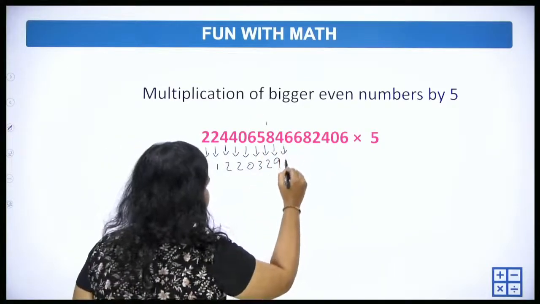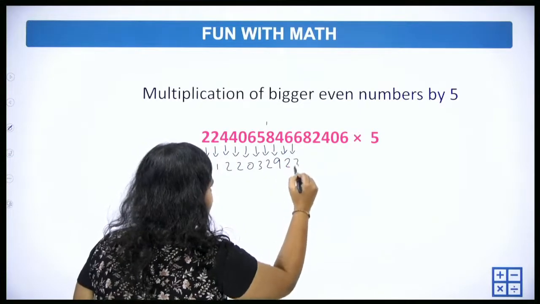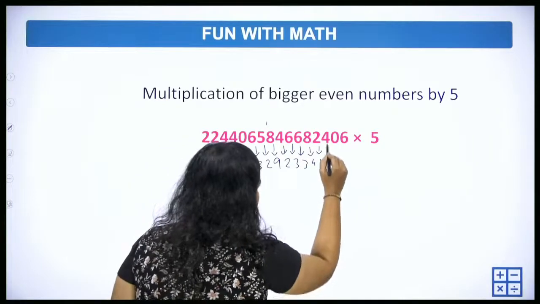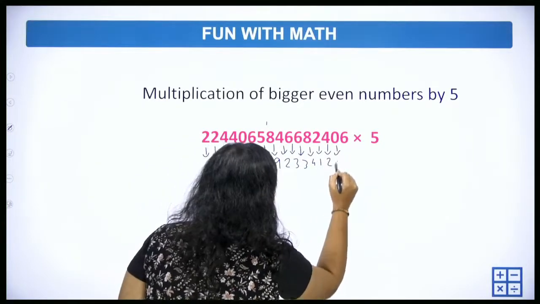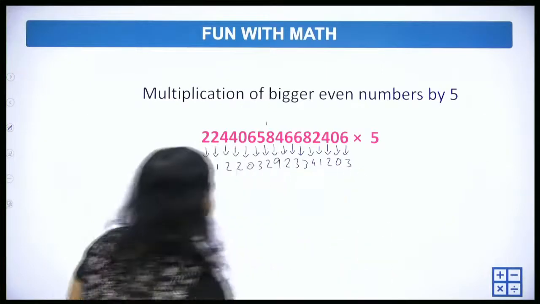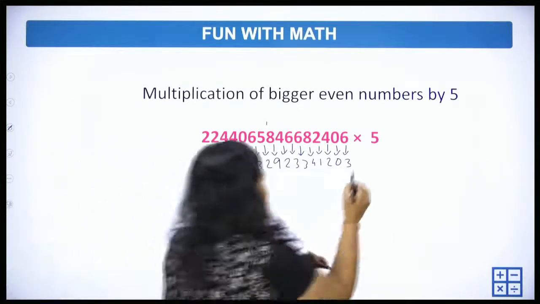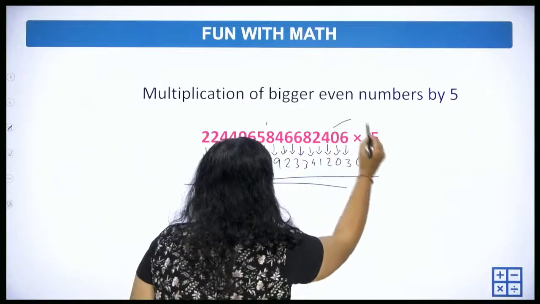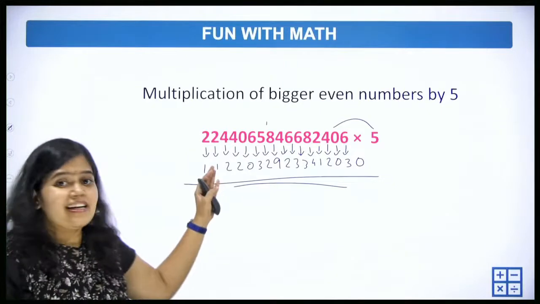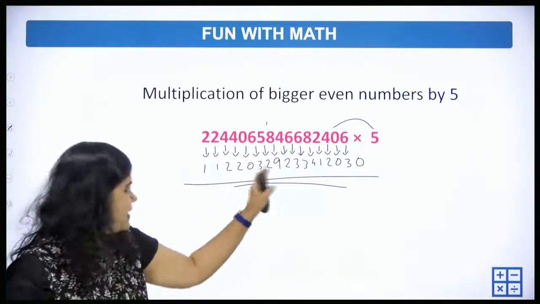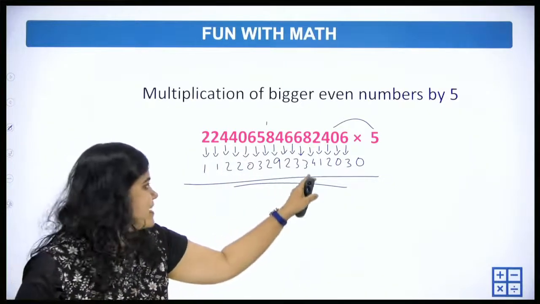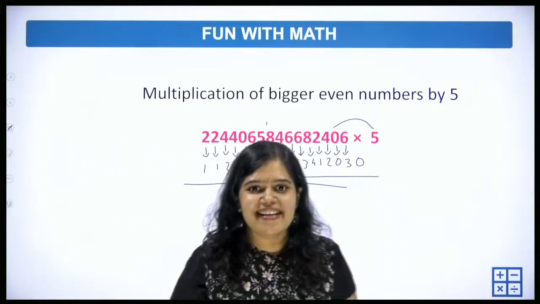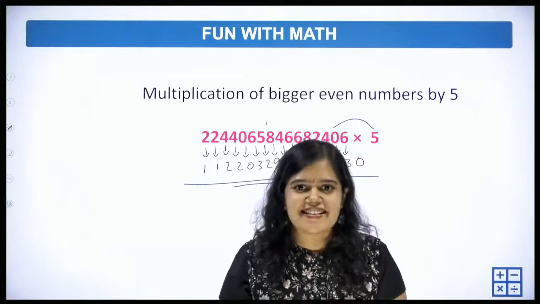So for 4 on division by 2 becomes 2, 3, 3, 8 becomes 4, 1, 4 becomes 2, 0 as it is and 6 comes as 3. And now we are just putting 0. So, on multiplying this, we get 112202329233412030. Such a big number with 5 seconds multiplication.